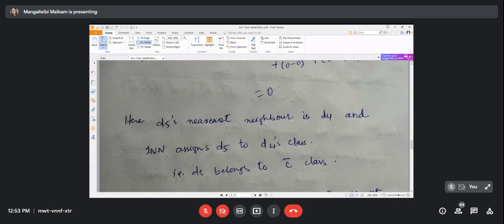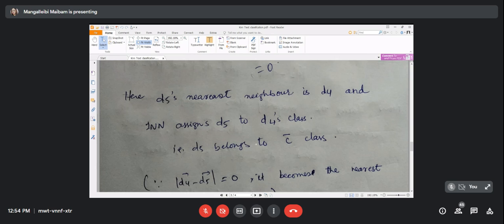According to 1NN, that is KNN when k equal to 1, this classifier will assign d5 to d4's class. d4's class is the North China class. So our KNN classifier, when k equal to 1, will assign d5 to the C2 class, that means the North China class.